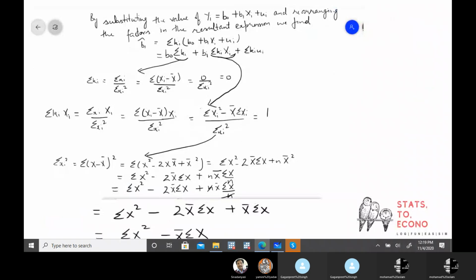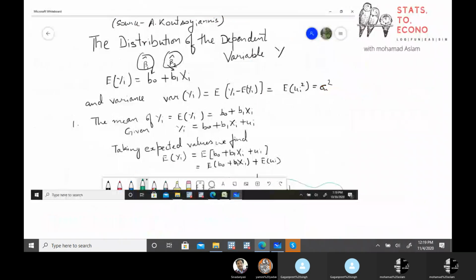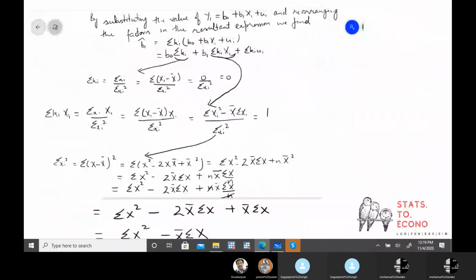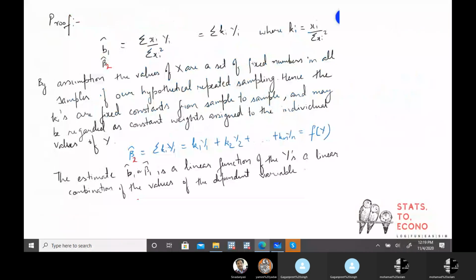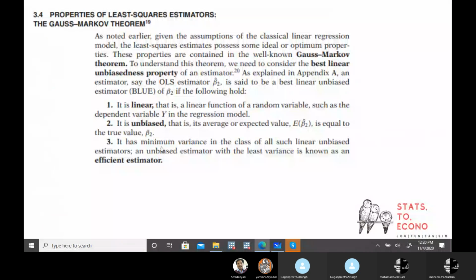Then the next property we have is minimum variance. Again, this is a very crucial property.